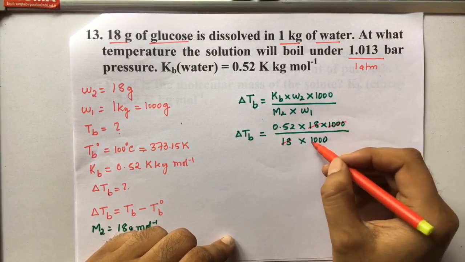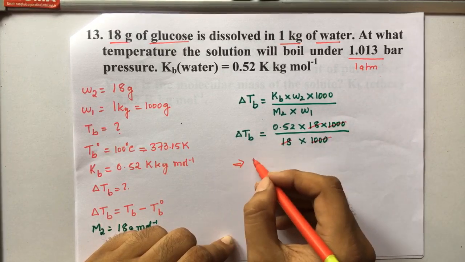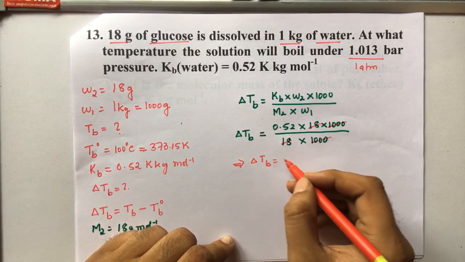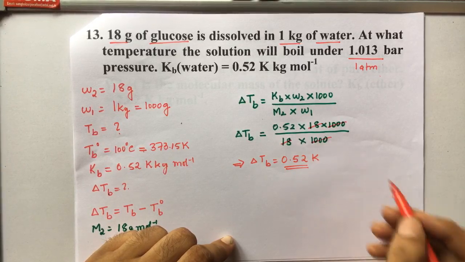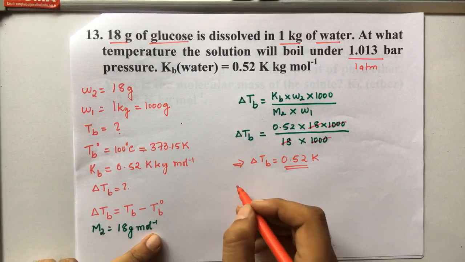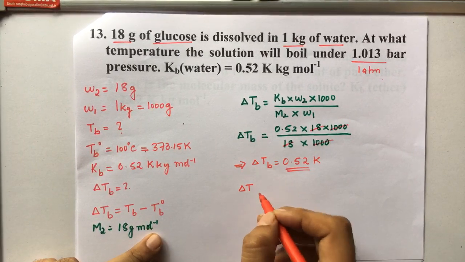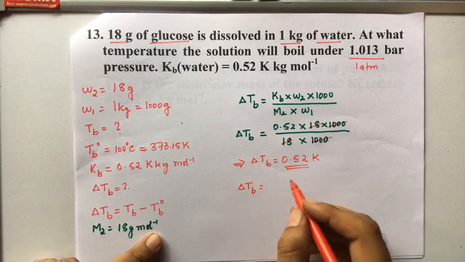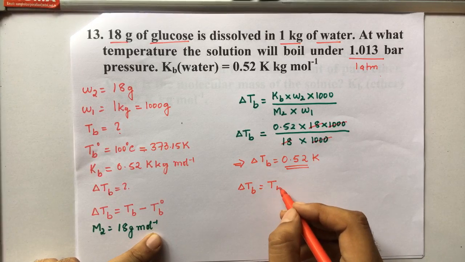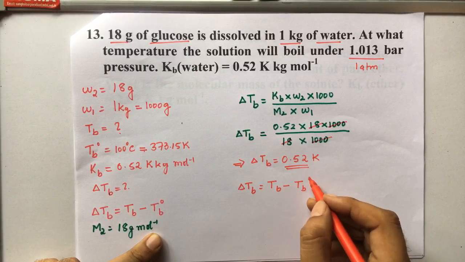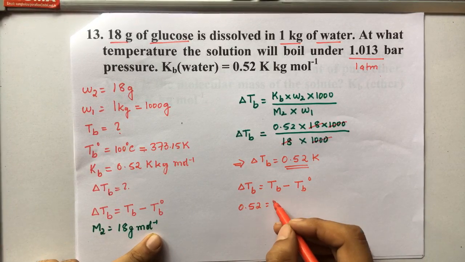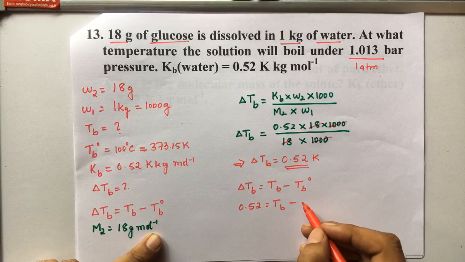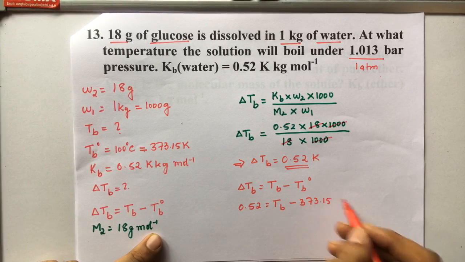Now easily you can determine the value of delta TB. 18 cancels, 1000 cancels, implies delta TB is equal to 0.52 Kelvin. We know that delta TB is equal to TB minus TB naught. So 0.52 is equal to TB, which has to be calculated, minus TB naught, which is 373.15.